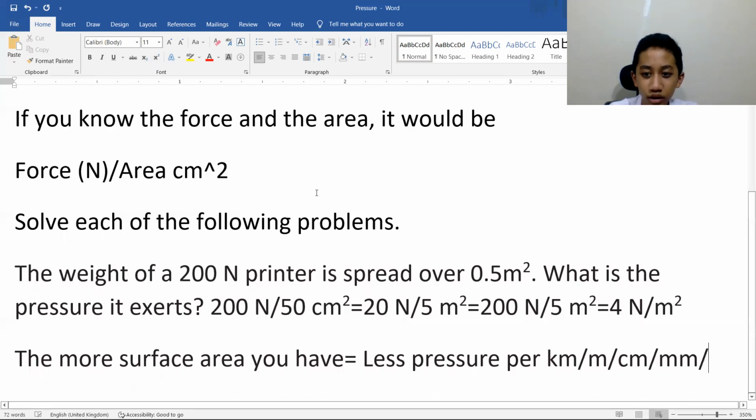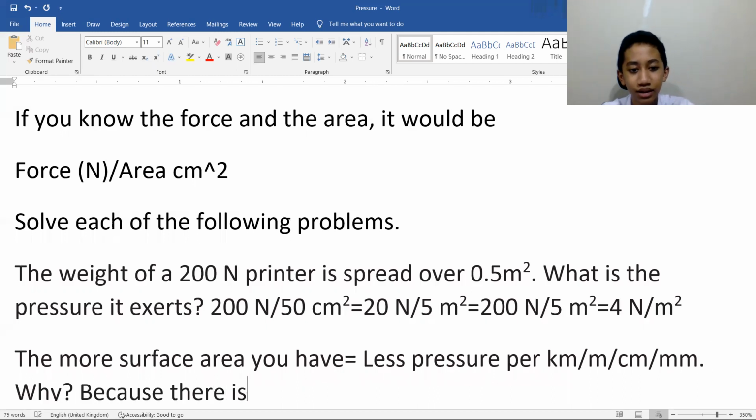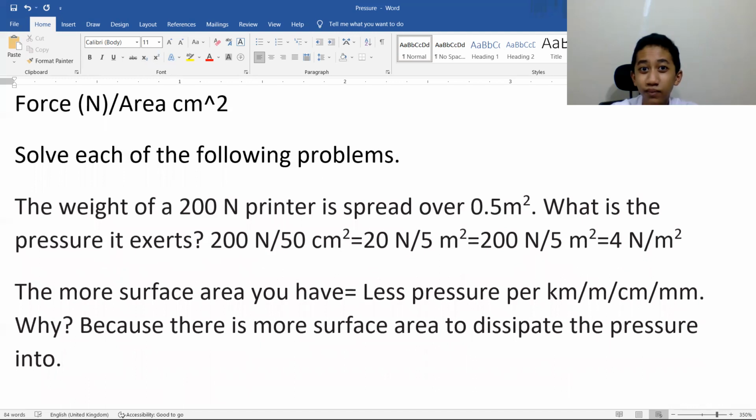Why, you might ask? Because there is more surface area to dissipate the pressure into. Snowshoes, for example: when you normally sink in snow, you cannot sink with snowshoes that are big enough for your size. I am not directing this at anyone, because people have different body weights.